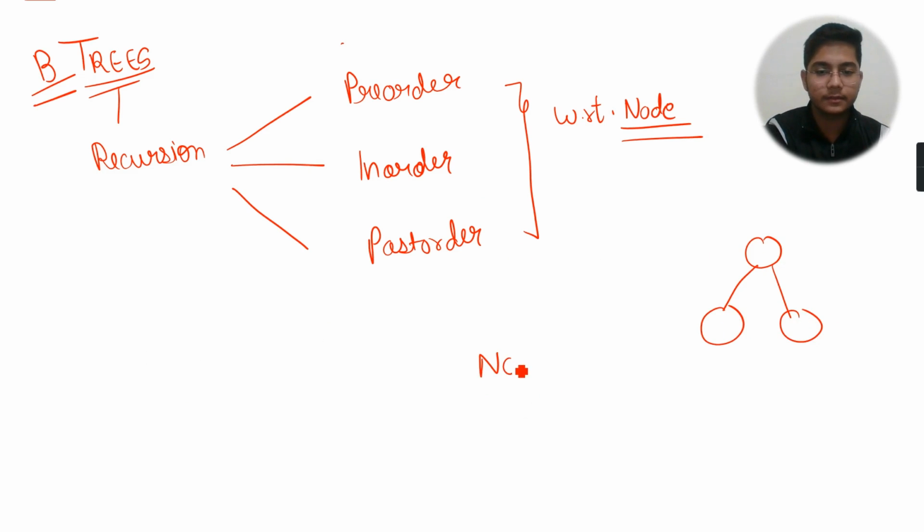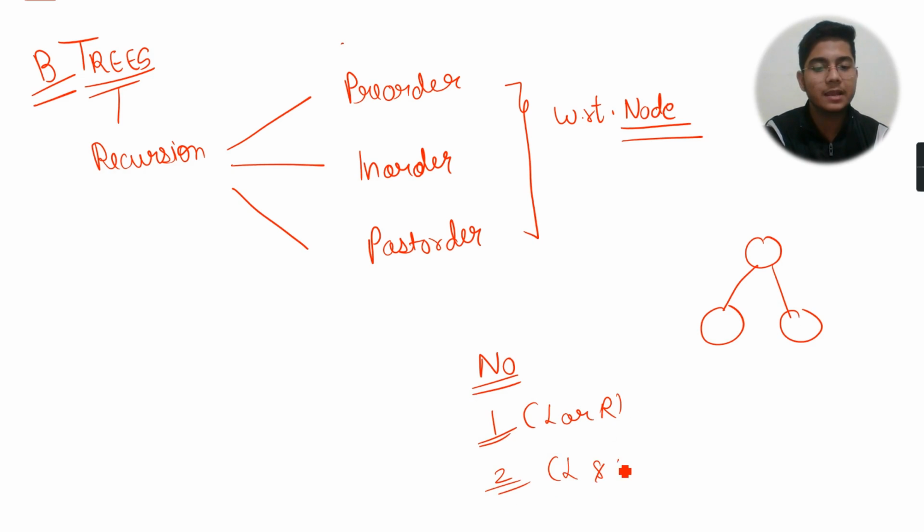Either you have no children, or one child, on the left or right, or two at max, both left and right. So at each step you will have access to three nodes: N, the node itself, L, the left child, and R, the right child. So we will check how we can traverse this.